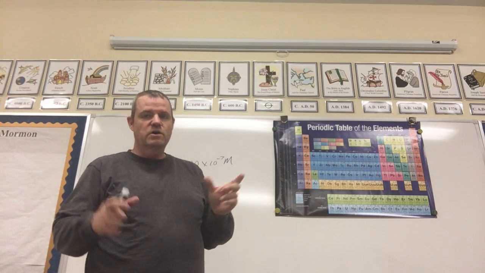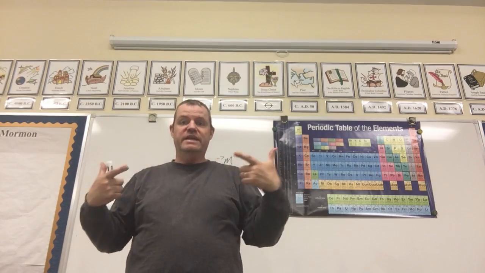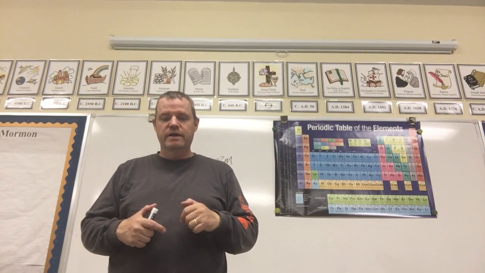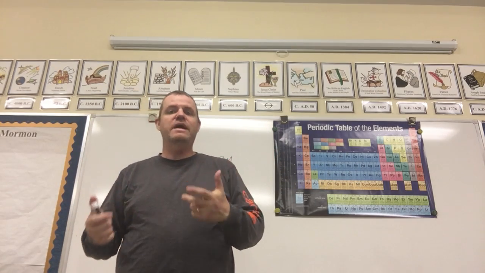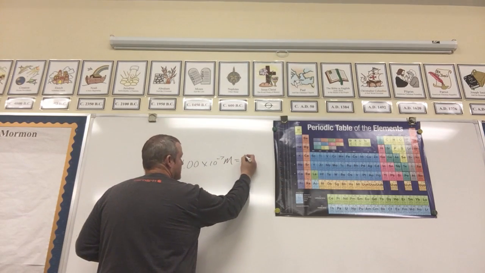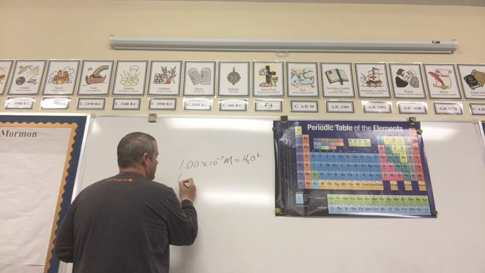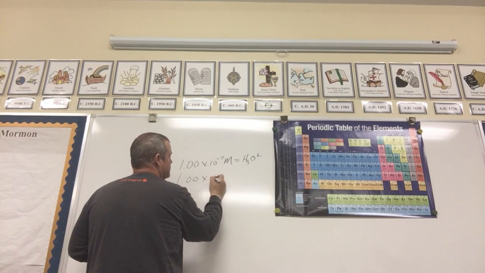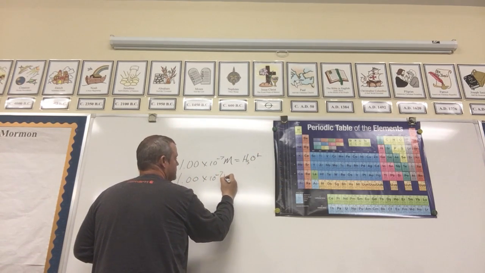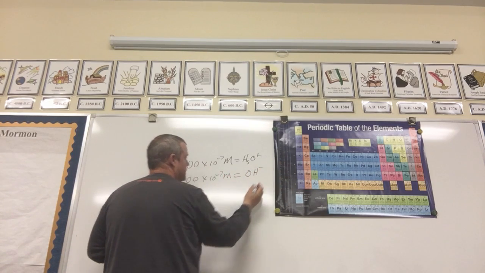And when you take those two together, the total floating around in there is going to be 10 to the minus 14th, because you're going to have 10 to the minus 7th moles of H3O plus and 10 to the minus 7th moles of OH minus.